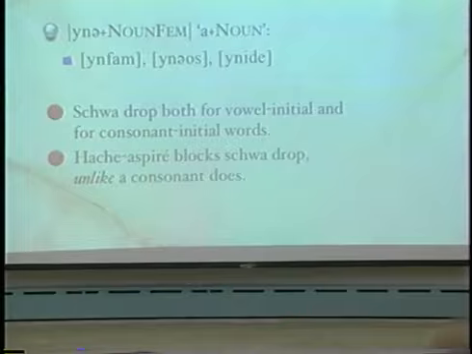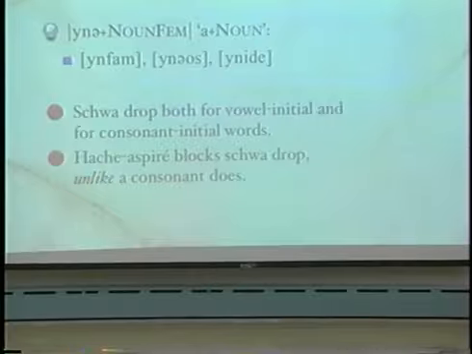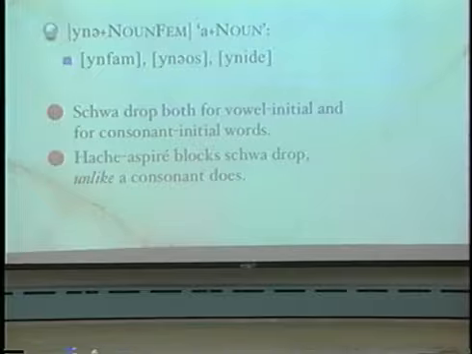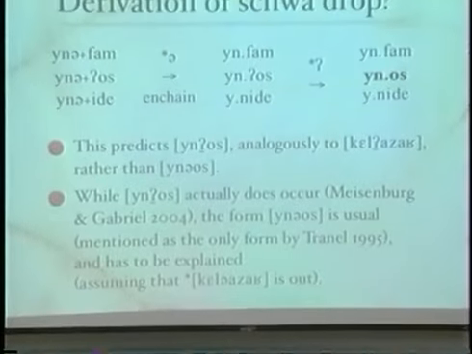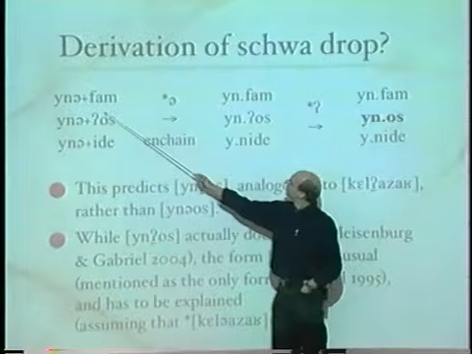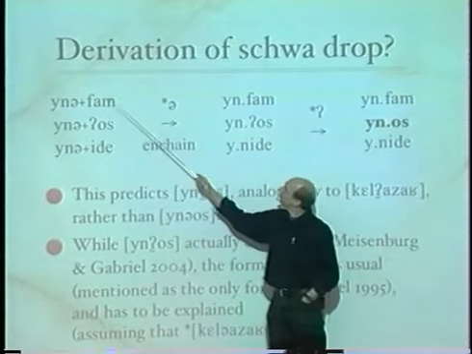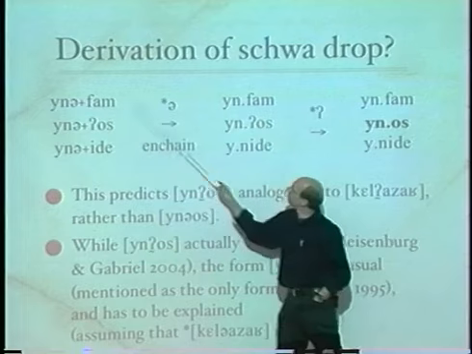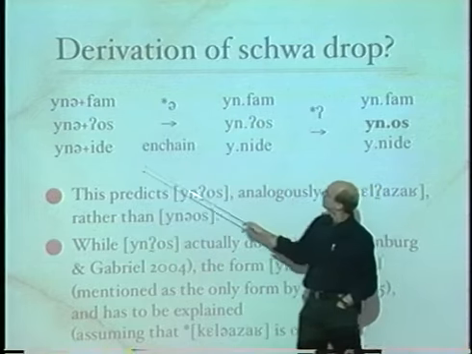So this is the case where aspiré works like neither a consonant, neither a vowel. Unlike a consonant in this case. So why? Well, if you want to derive it in the same way as the first three cases, then, okay, you have to delete a schwa before a consonant, you get une femme.